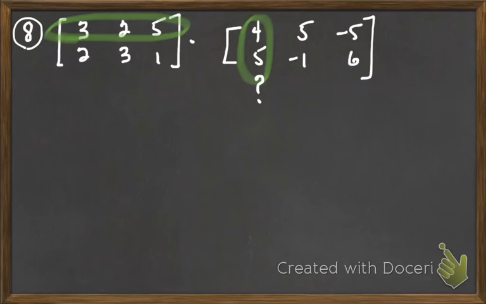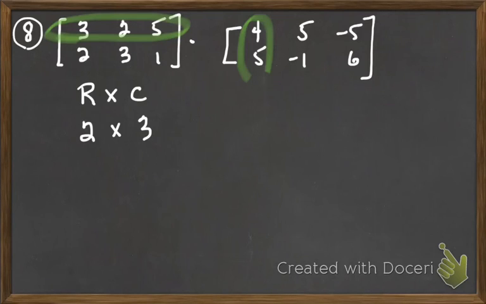So that's going to happen sometimes. If you're not sure, I think you will be if you do enough of these. I think you'll realize that you can't multiply. If you can't multiply, then you'll do the dimensions. So how many rows in the first matrix? 2 rows. How many columns? 3.